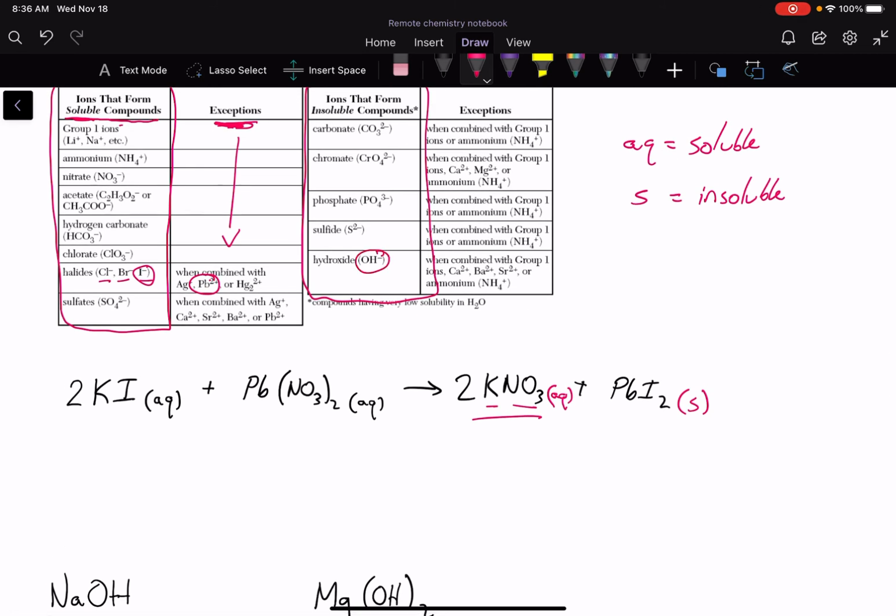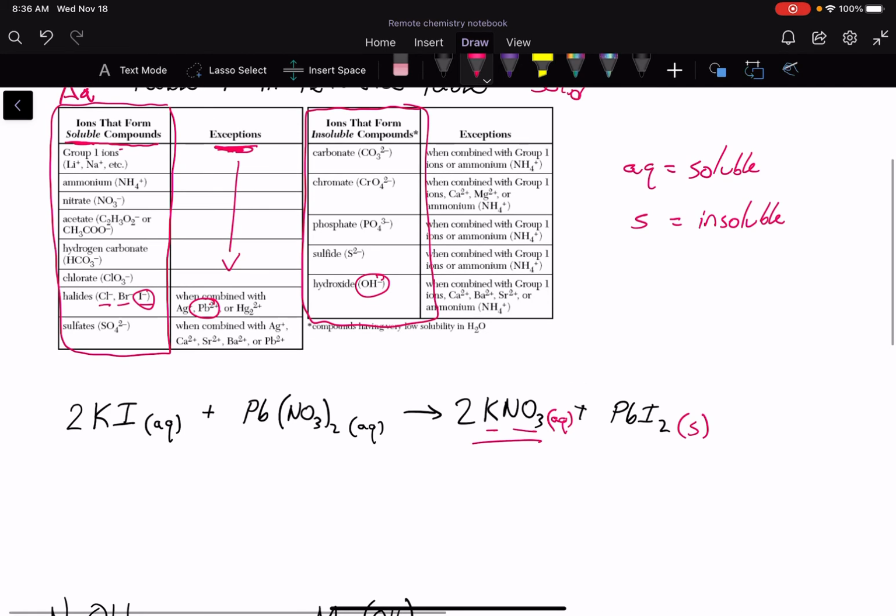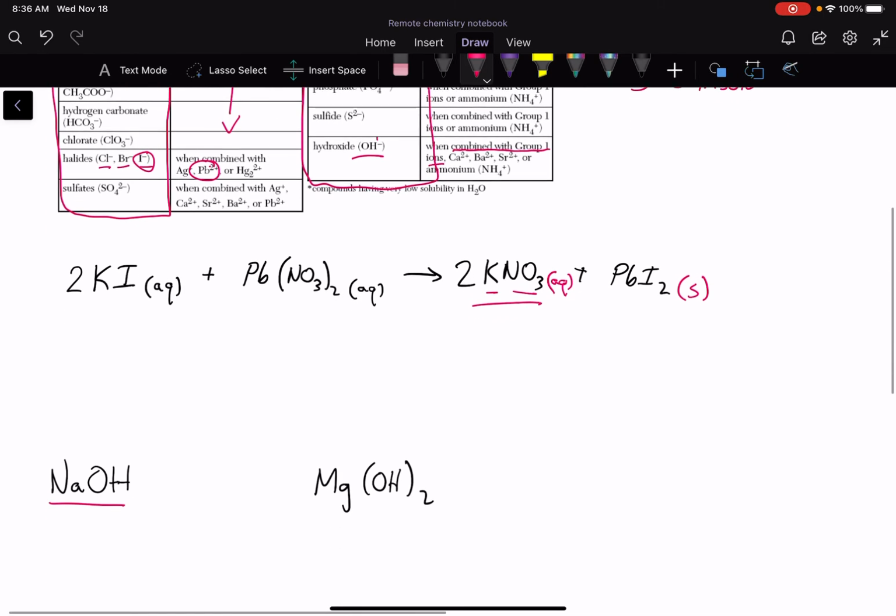Hydroxide ions are over on the right side, which means that things that contain hydroxide are usually going to be insoluble, or have very low solubility. But if you look at the exceptions, hydroxides are insoluble except when combined with group 1 ions. And sodium is a group 1 ion. So this is soluble, and it would get the aq symbol, the aqueous symbol.